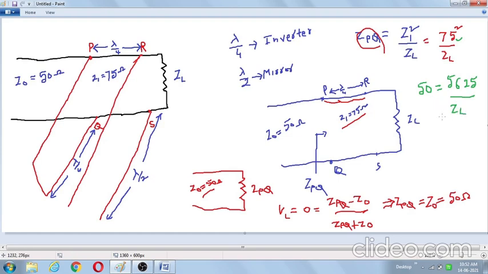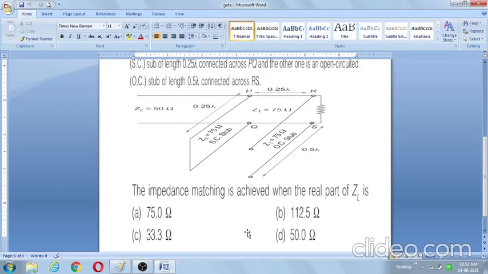So by solving, we get ZL is equal to 112.5 ohms. So here option B is the correct answer. Thank you.